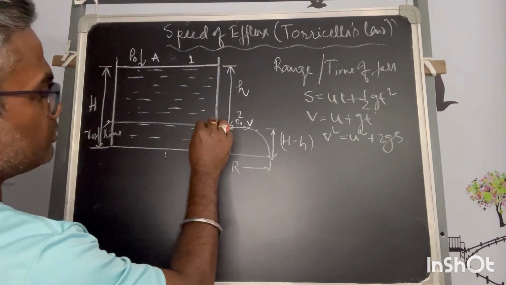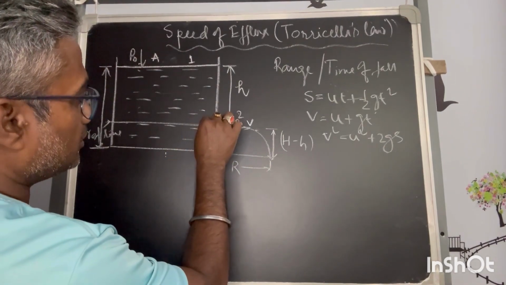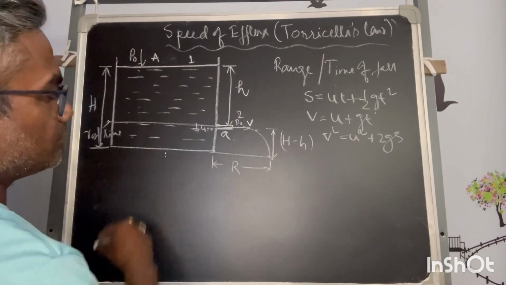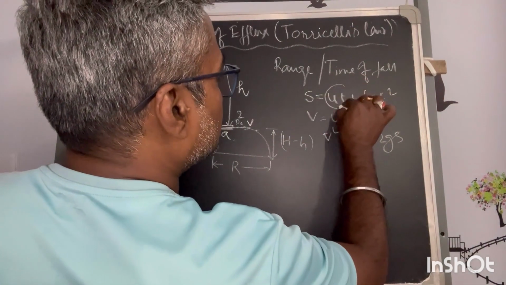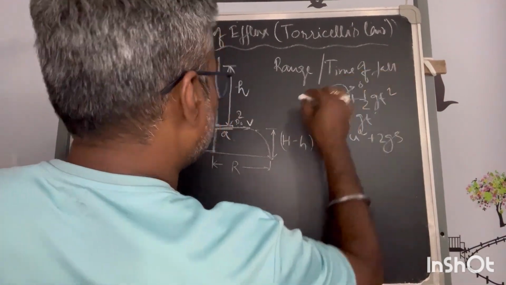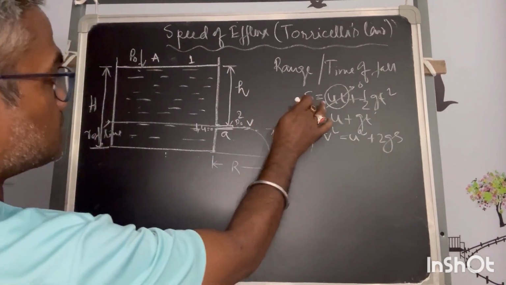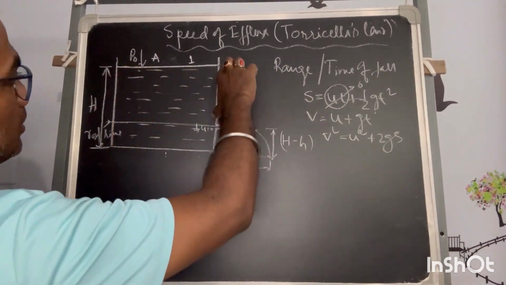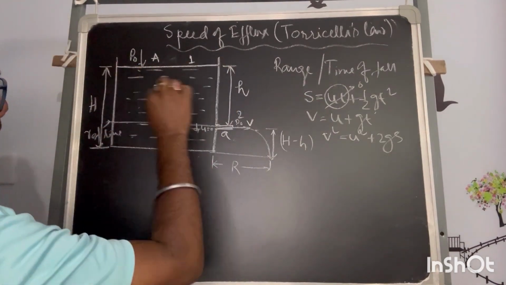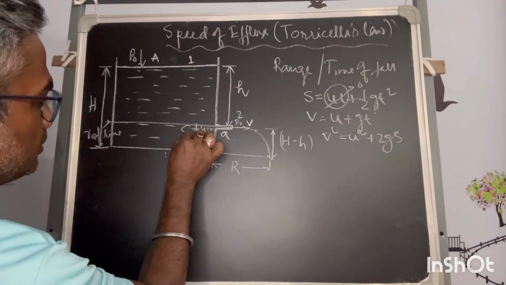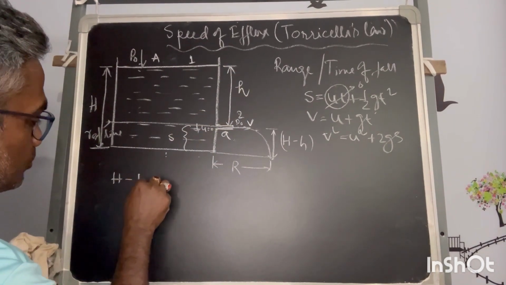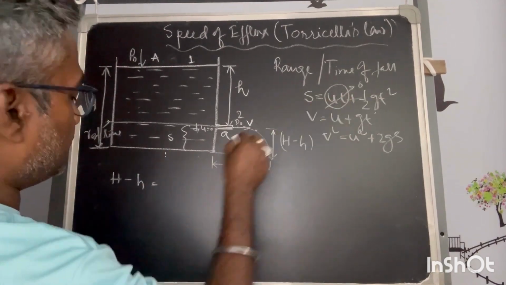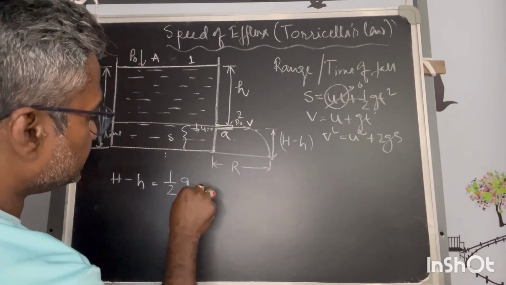So the initial downward velocity will be 0, and that part will be 0. Now what is S? S is the height: the total height minus this height. So S is equal to H minus small h. What else? Half g is there.